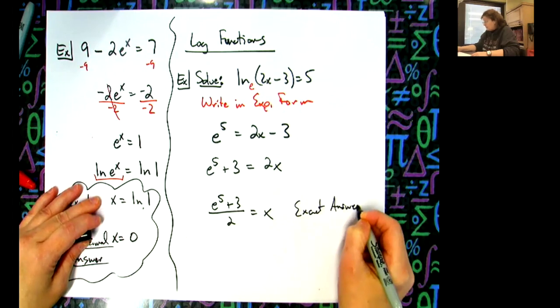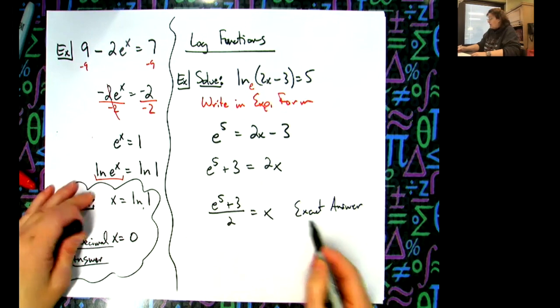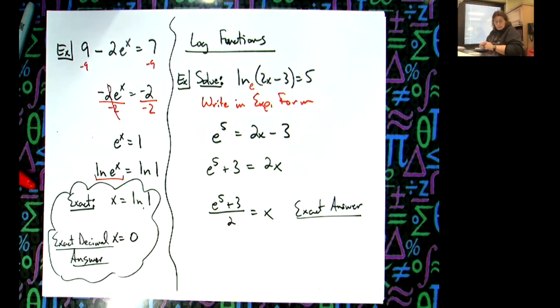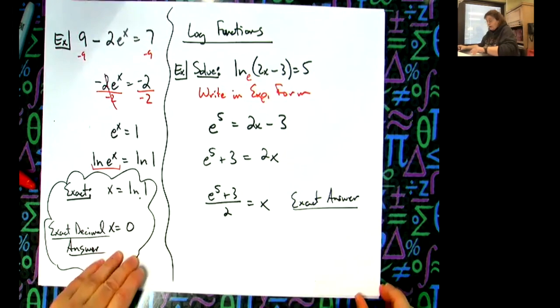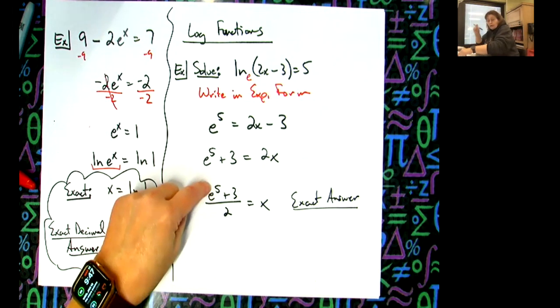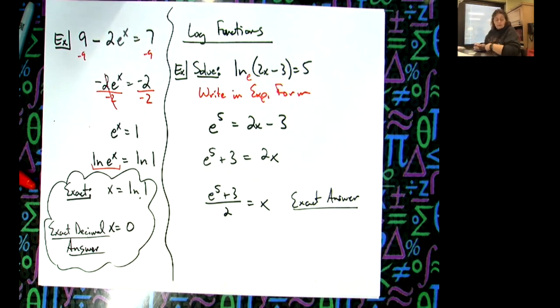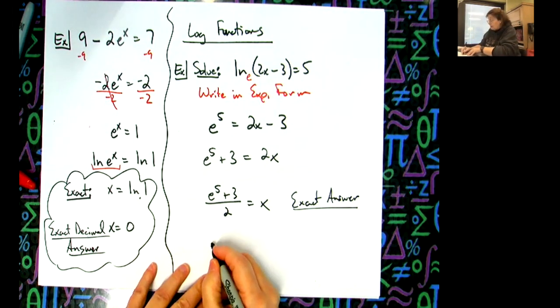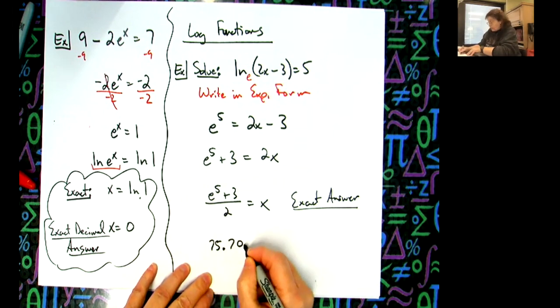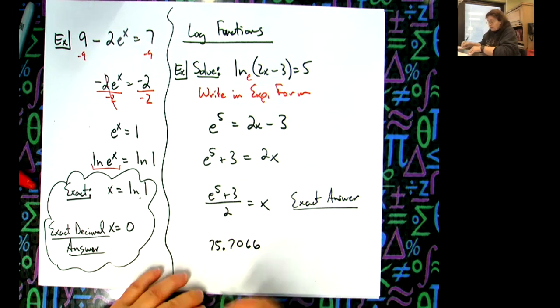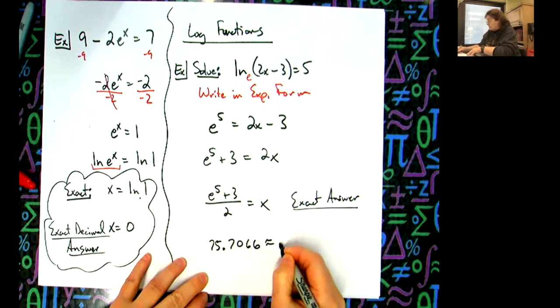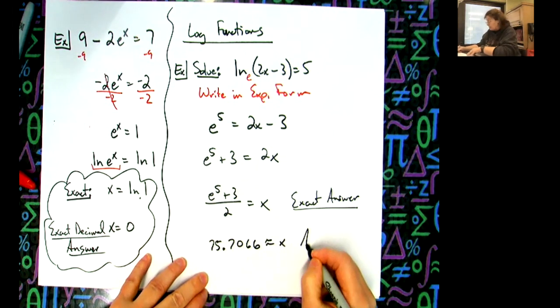And then if I wanted to go to a decimal approximation, I would do it at this point. I would put e to the 5th in the calculator plus 3, get that answer, divide by 2. And again, if I did not do this wrong, I think we'll get 75.0736, going out 4 places, 67 if I go out 3 places, for my approximation.